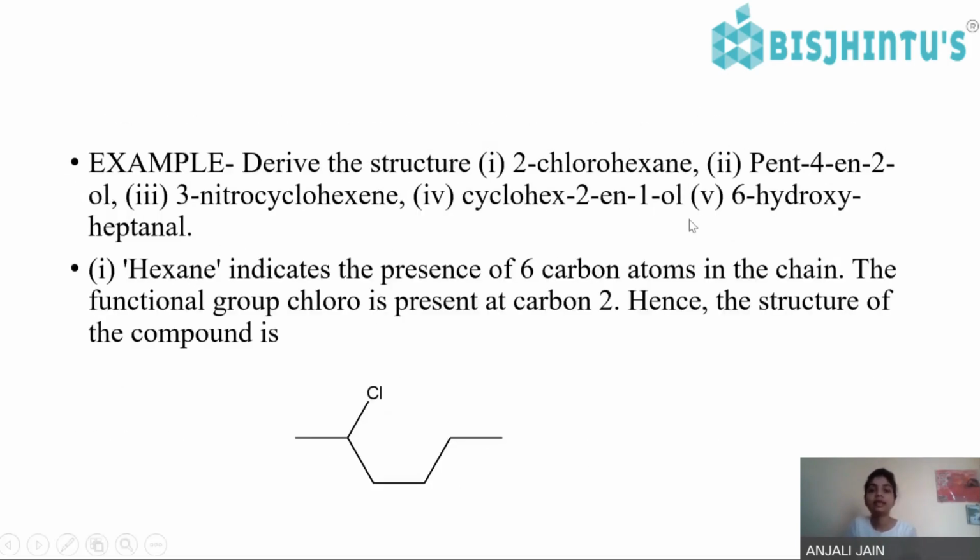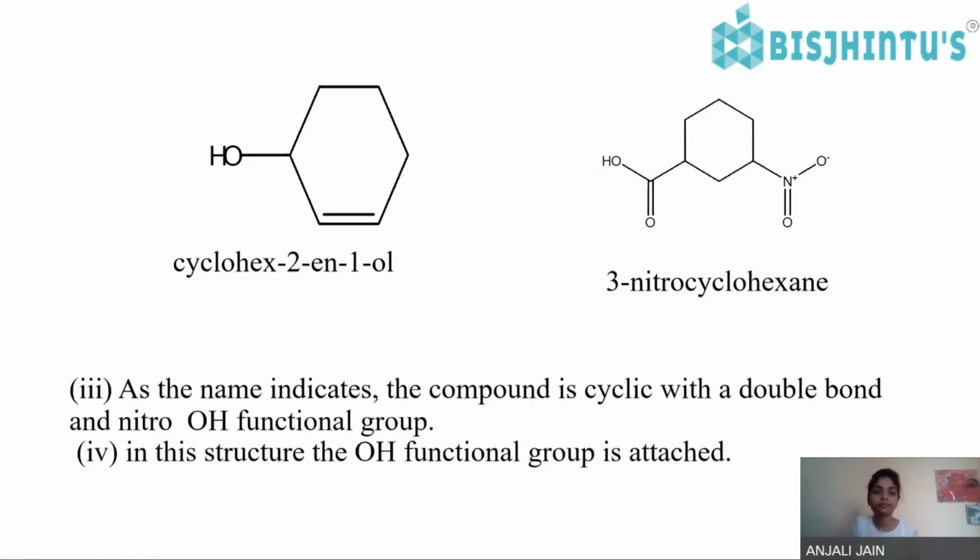Now next comes cyclohex-2-en-1-ol and 3-nitrocyclohexene. 3-nitrocyclohexene has a structure like this, where at the third position the nitro group is attached, as in cyclohexane.